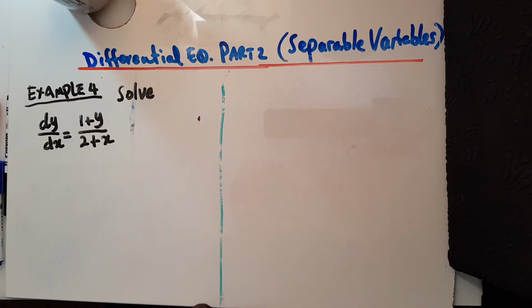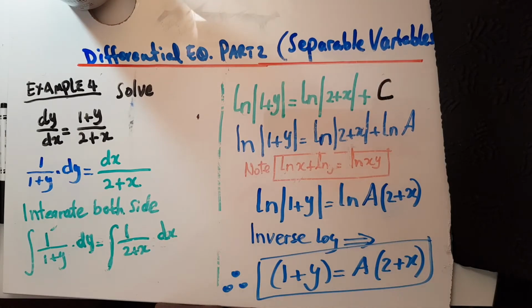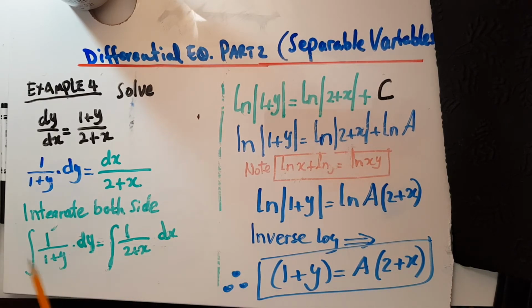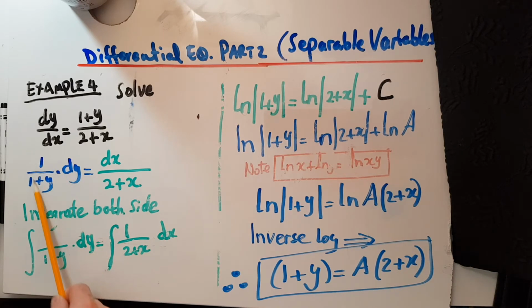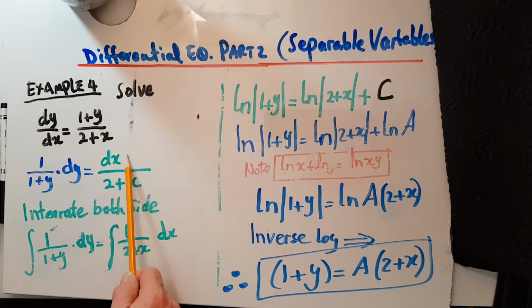Try this example now on your own. I'll pause the video for a minute and come back. Okay, that is the solution. What you do is gather all the y terms on the left hand side and the x terms on the right hand side.